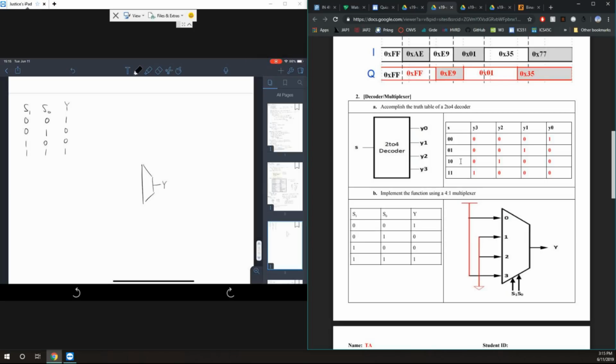Pretty much what this says is we're given an S1 and an S0. That's over here, and so we have our selectors: 0, 0, 0, 1, 1. And then from there, which ones are true? We see that it's true when we have a value of 1 and 2, because these two together are equal to 0, and these two are equal to 3. Does that make sense?